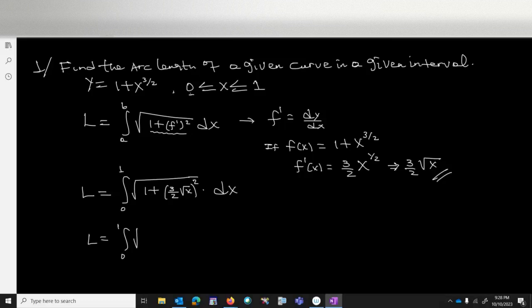Now observe, L equals the integral from 0 to 1, still the square root of 1 plus, and what will this power of 2 do to the numbers and variable inside the parentheses?